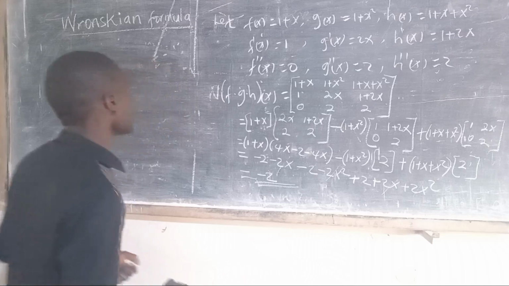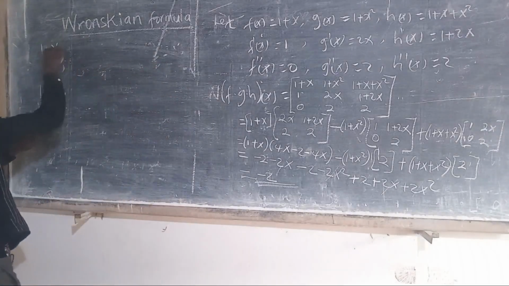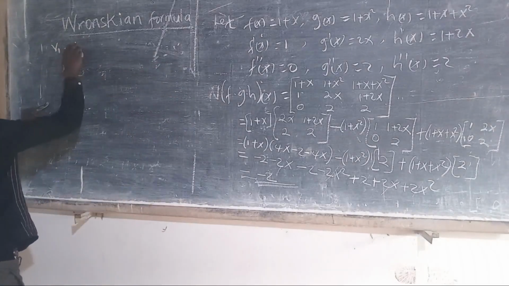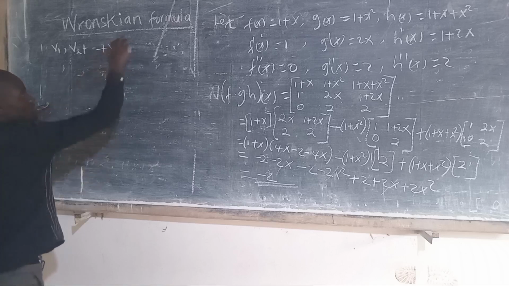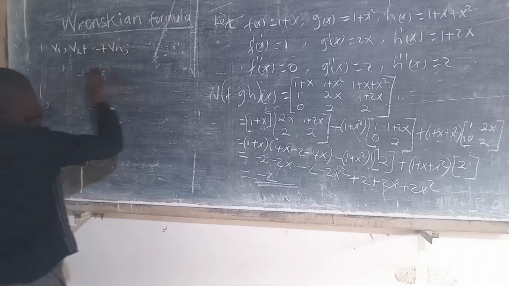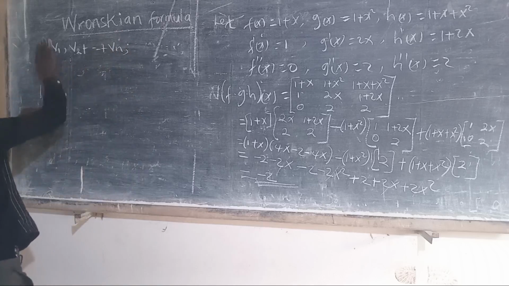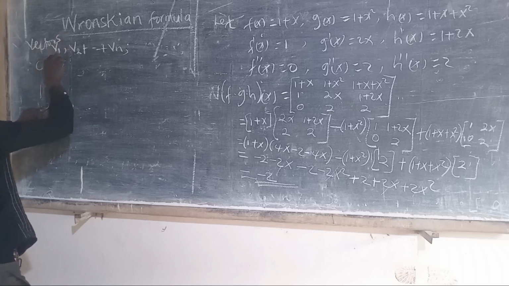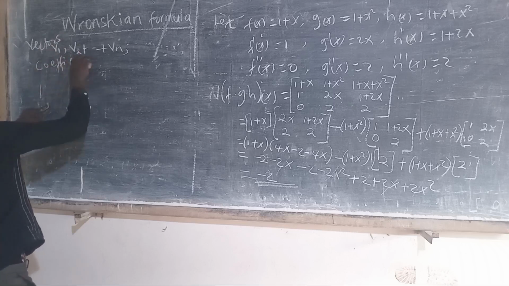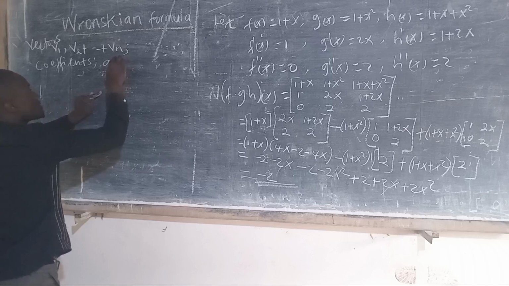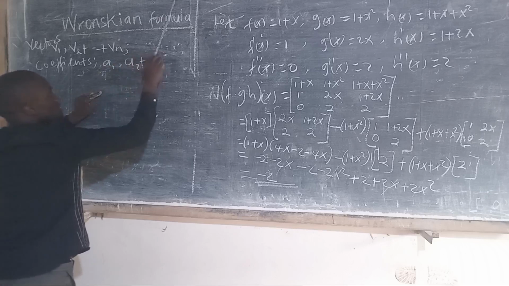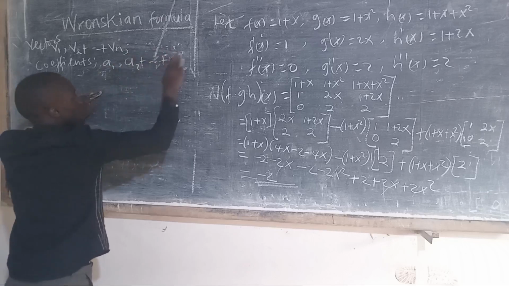Assuming we have vectors v1, v2, up to vector vn, these are vectors, with coefficients a1, a2, up to an.